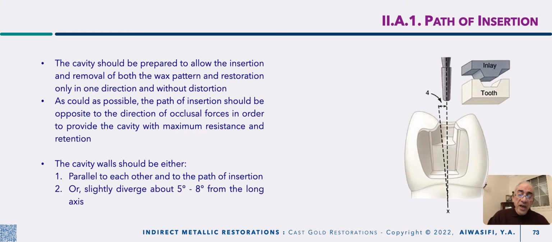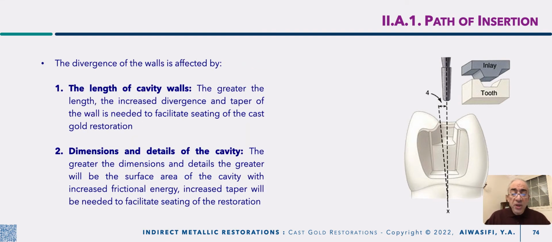Why 5 to 8? When you increase this divergency up to 8 or sometimes to 10, the divergency of the wall is affected by the length of the cavity walls and the details of the cavity.